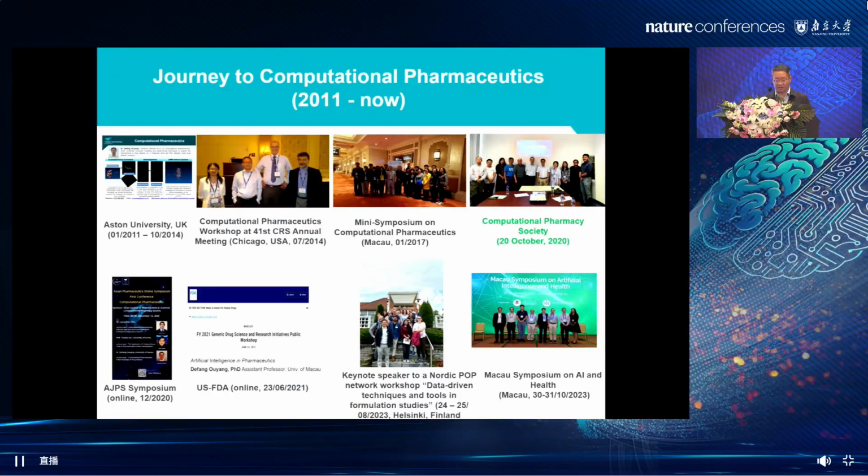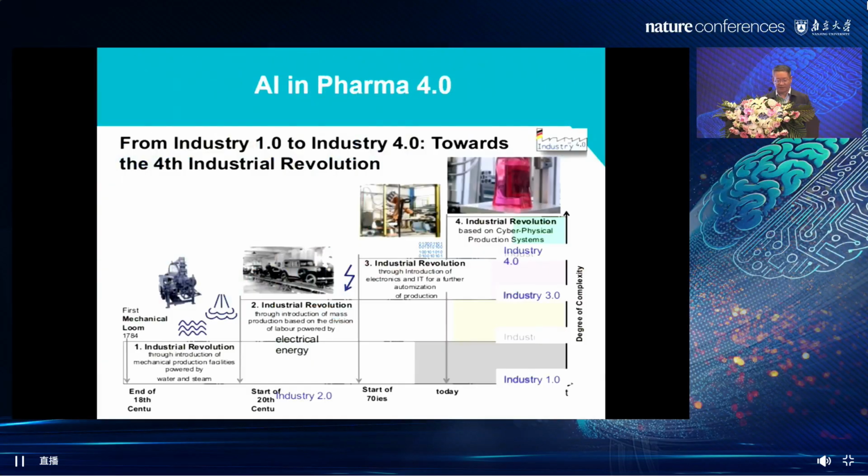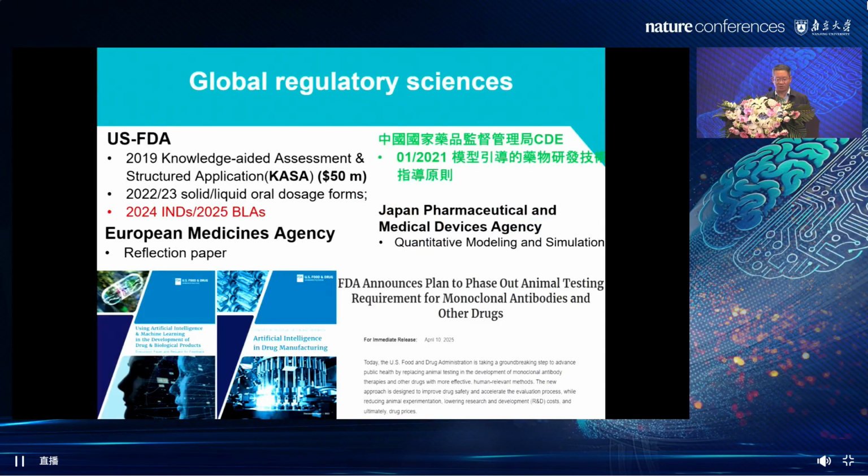Also, 15 years ago this was a very small area with just a few groups working in it. We organized multiple conferences to encourage more scientists and students to work in these areas. And now AI is widely used in the pharmaceutical industry and also by pharmaceutical regulatory agencies, including the FDA, EMA, and the CDE.